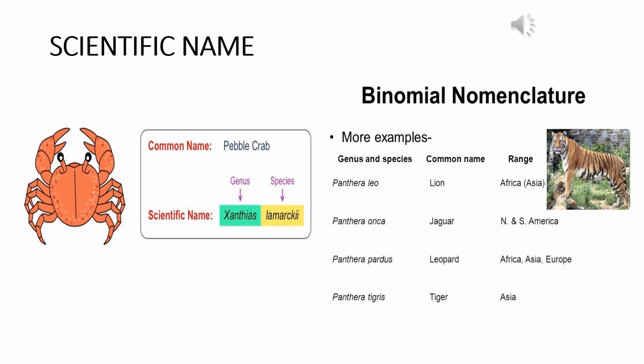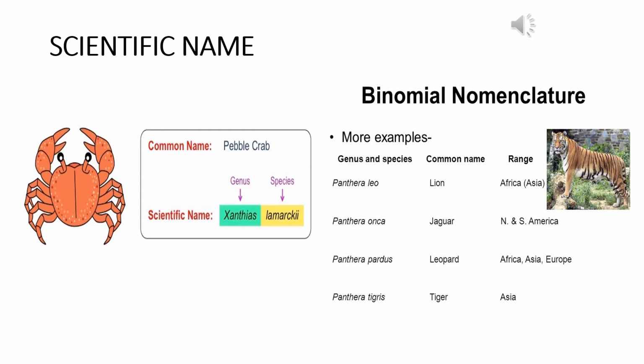Now we are coming to the representation of the species. In the biological world, every species is represented by a very unique scientific name, and that scientific name is a two-part name. The first part is the name of the genus that the organism belongs to, and the second part is the species that the organism belongs to.